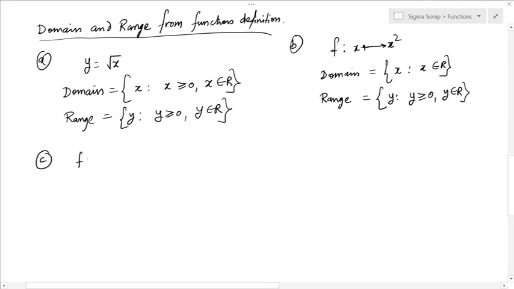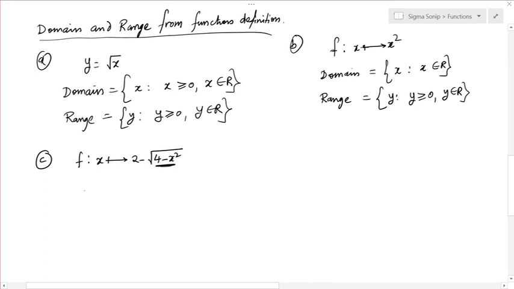Example number C says that f is a function which maps x to 2 minus square root of 4 minus x square. It's a little bit tricky, not much. So when we look at this function, we got this thing under the square root sign, and this thing can never be negative, which means that x square should be less than or equal to 4.